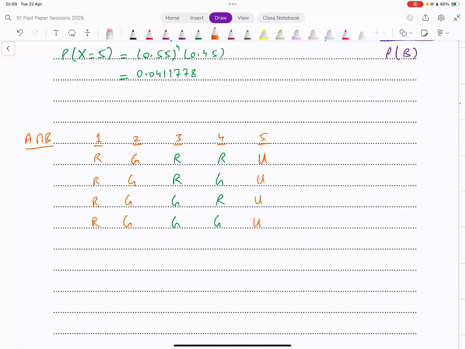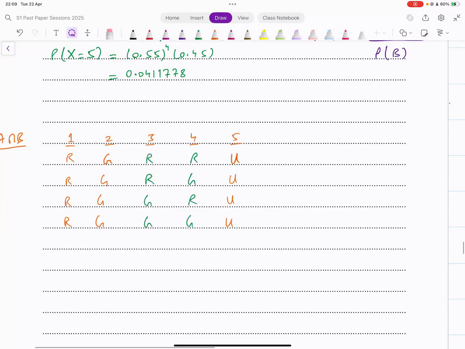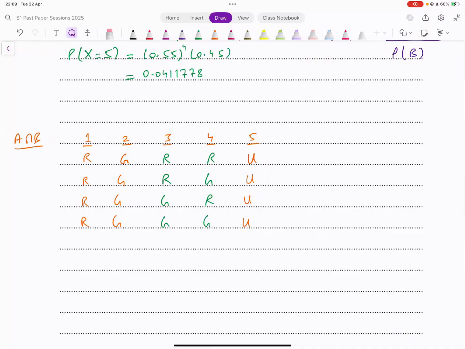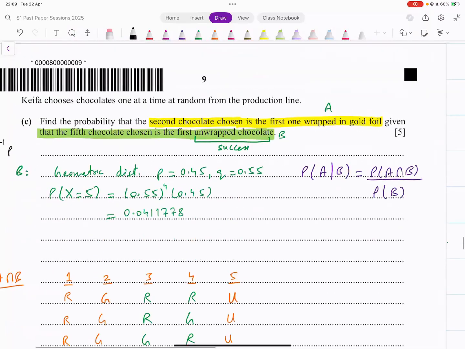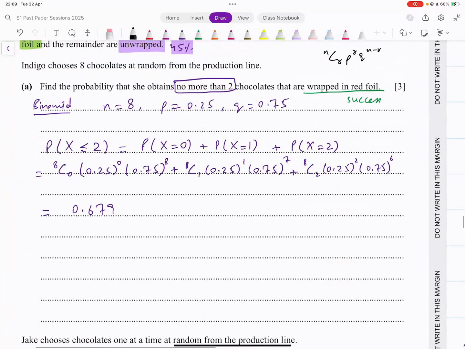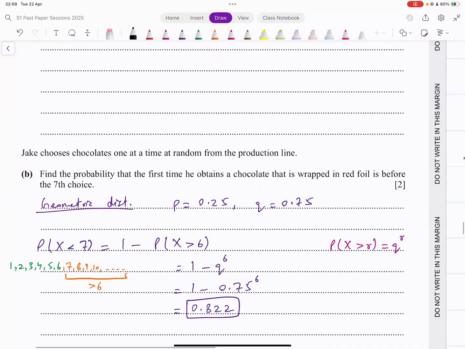We find the probability for each one of these cases, and we add them up together, and that will be A intersection B, when both conditions are met at the same time. What are the probabilities going to be now? For red, the probability was 0.25, and for gold it was 0.3.